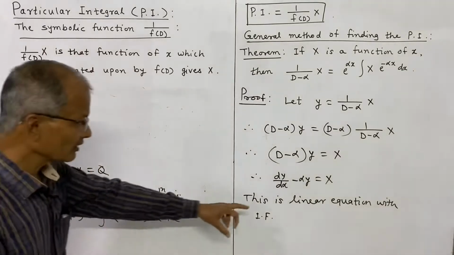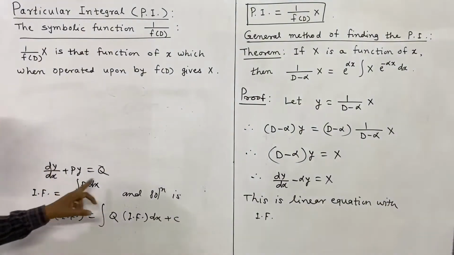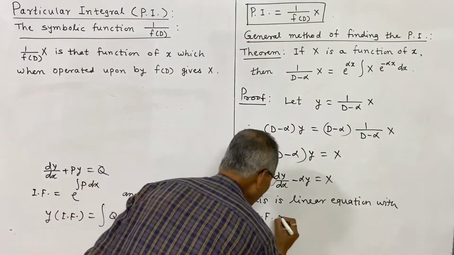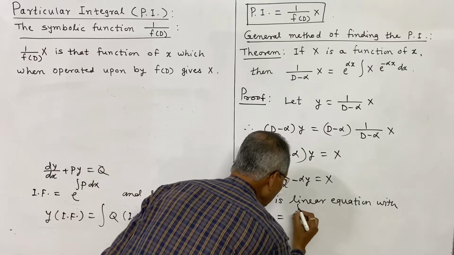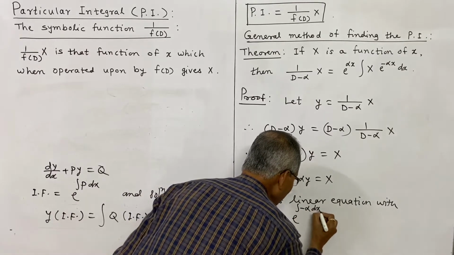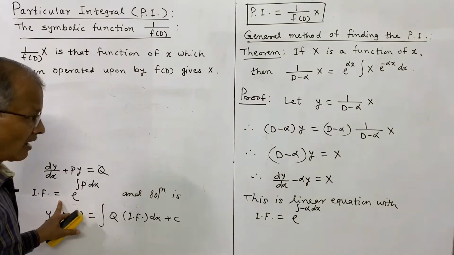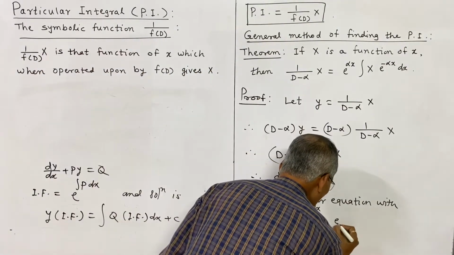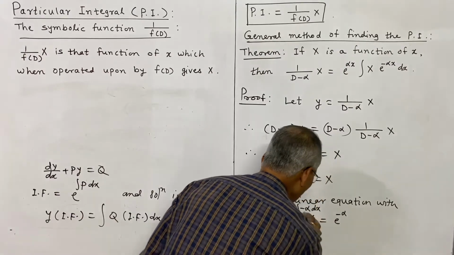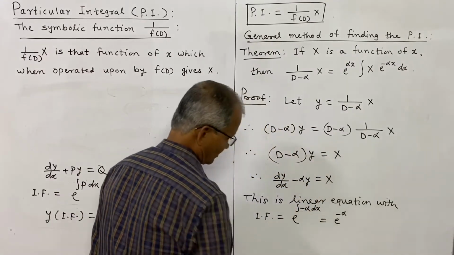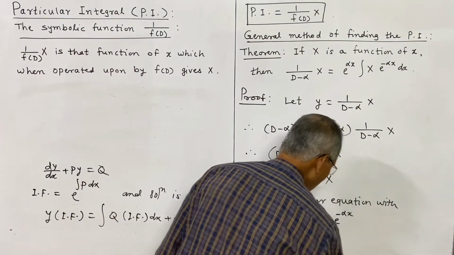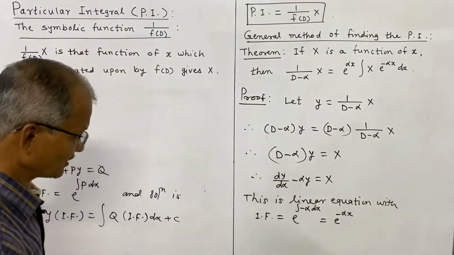So therefore for this, the value of P is minus alpha and the value of Q is capital X. So integrating factor is e to the power integral minus alpha into dx. Using this result, P is minus alpha, and alpha is constant, and integration of dx is x, so minus alpha x.